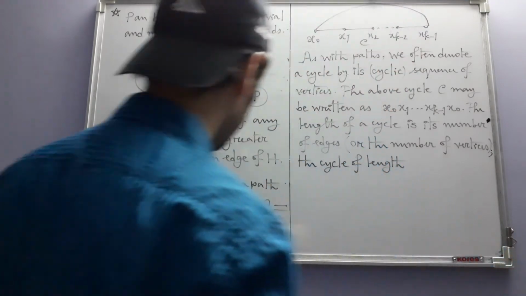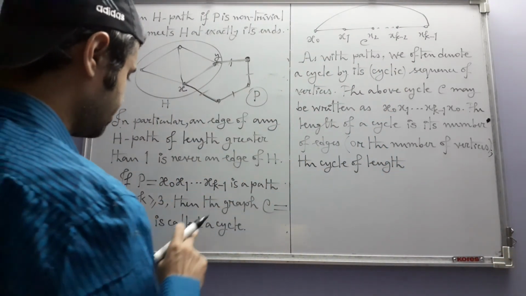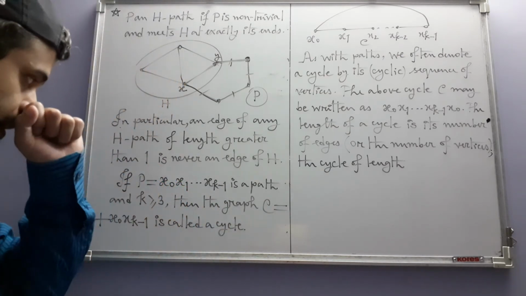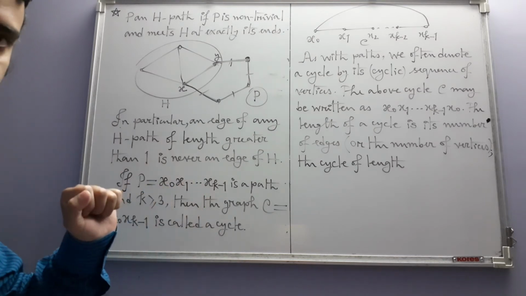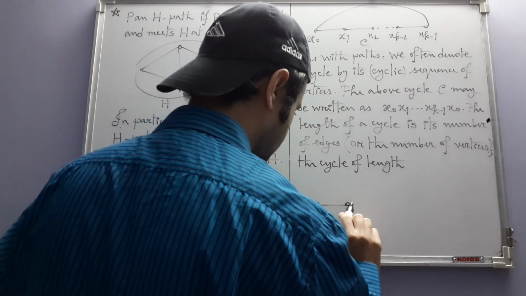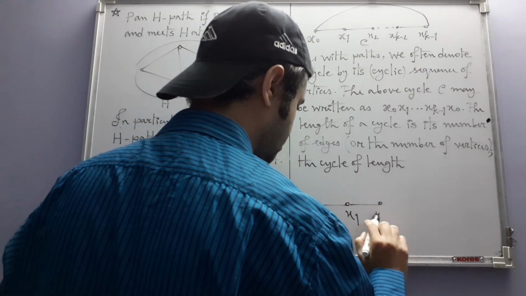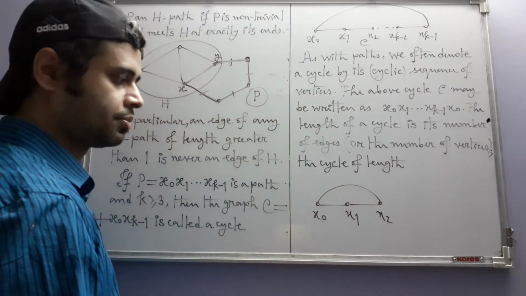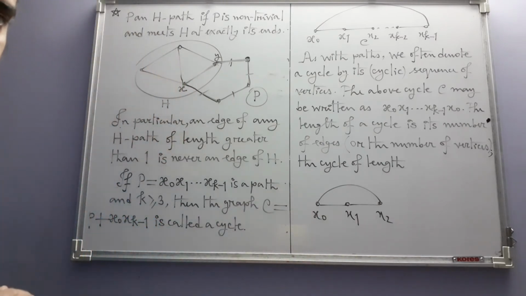Did I miss anything? Oh, this k greater than or equal to 3. You see, when k is 3, then what do we get? x0, x1 and x2. So we will have the situation like this: x0, x1, x2, and then you join x2 and x0. So you get a triangle.